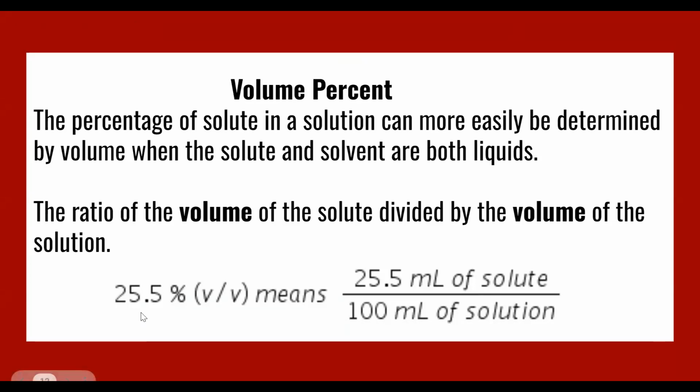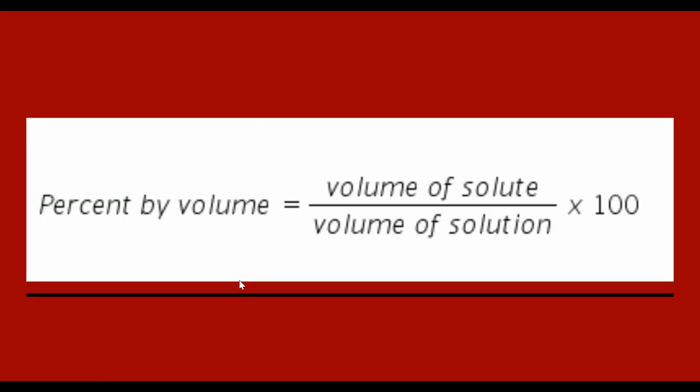If you have 25.5% volume over volume, where the solute is liquid and the solvent is liquid, it means 25.5 milliliter of solute over 100 milliliter of solution. That's what this means, okay?